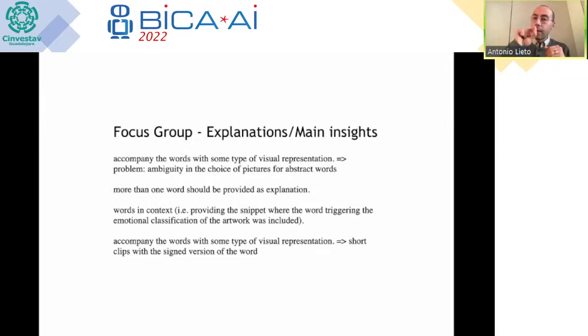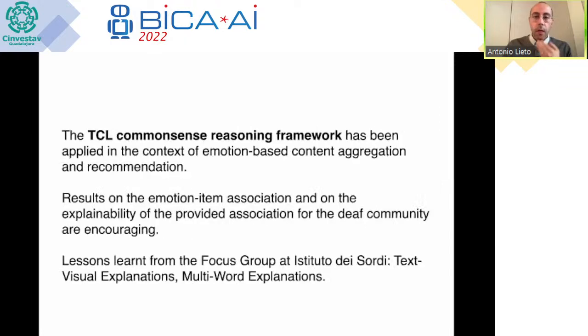Second, a visual representation provided as an image can have different interpretations by different people. So one solution could be using short clips with the signed version of the word, because they also have problems in actually reading the words, and also problems in writing and providing comments during the visit.